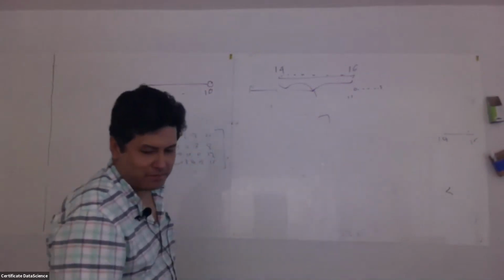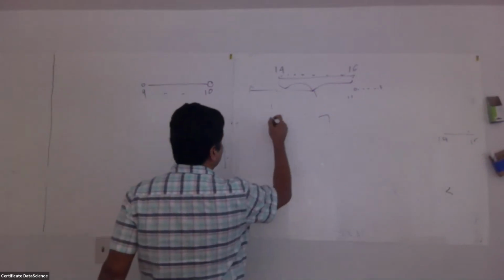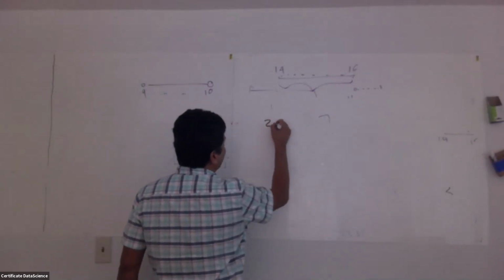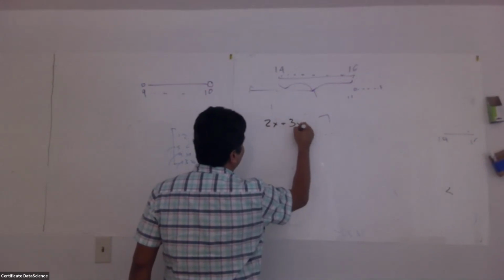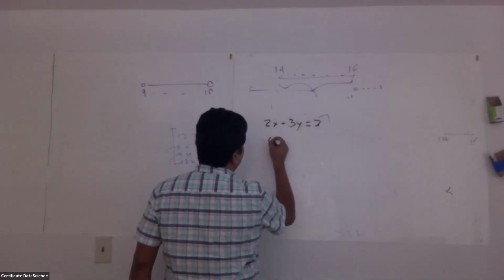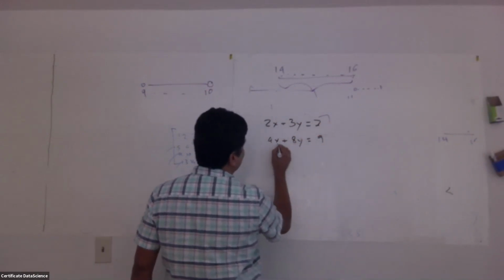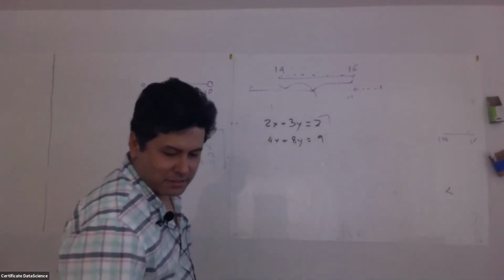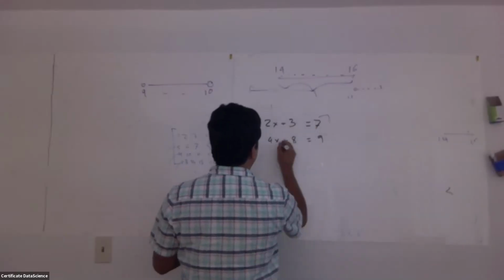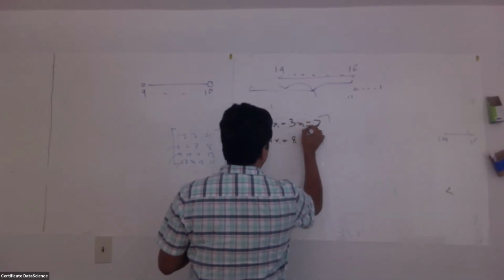Like, remember from your 10th grade, you have these: 2x plus 3y equal to 7, 4x plus 8y equal to 9. You have to solve for x and y. This kind of equation. Let's call it x1, x2, it's easier.